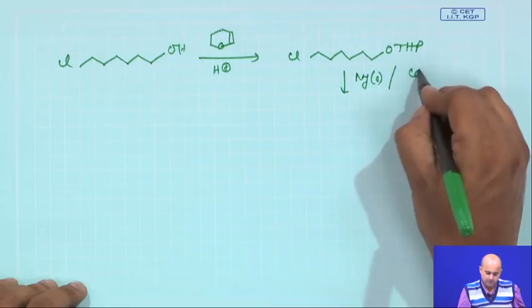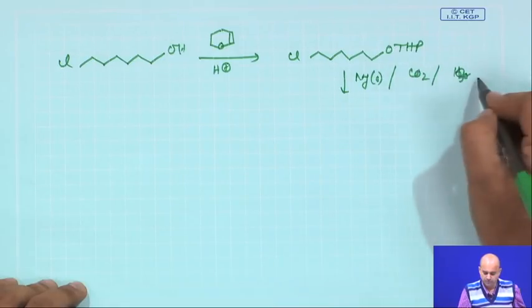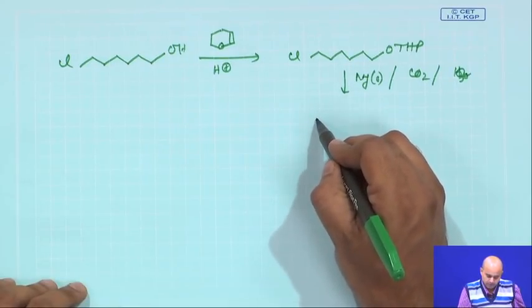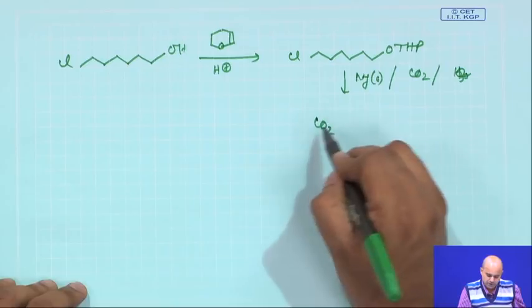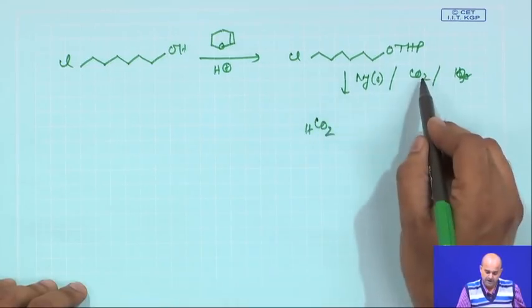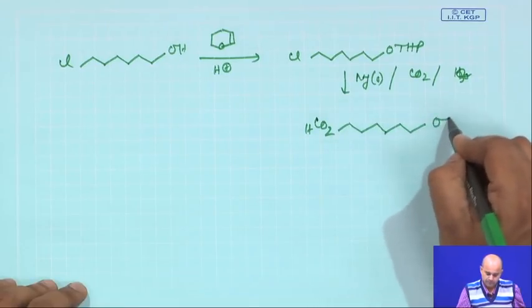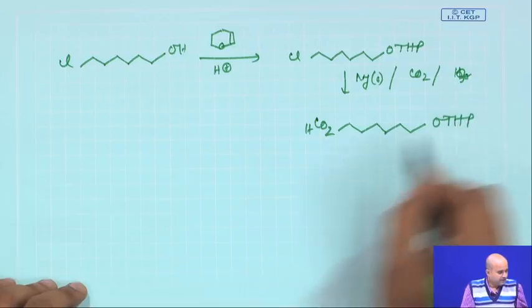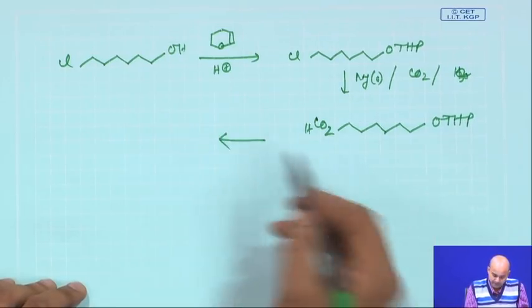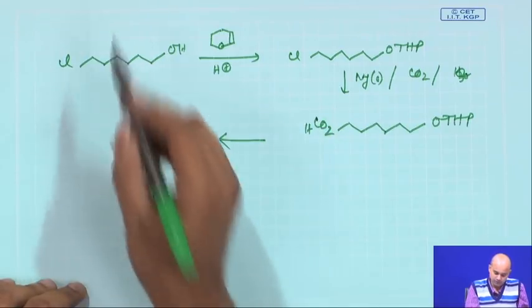Then we react with carbon dioxide followed by H3O plus or simple H plus treatment, which will basically give you a CO2H; the initial magnesium chloride reacts with carbon dioxide, and the THP group remains similar. Next, your carboxylic acid needs to be converted to the corresponding ester which was required.